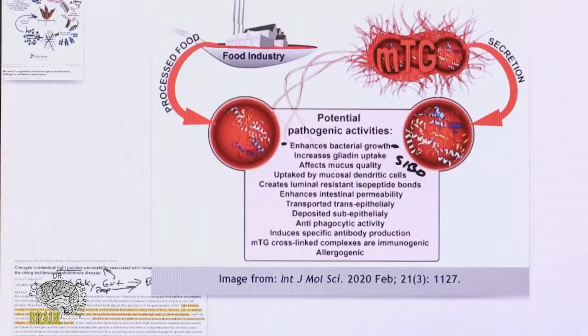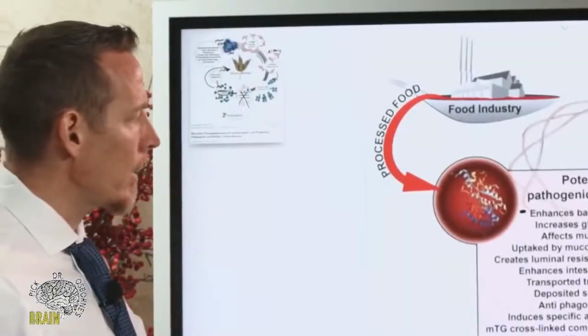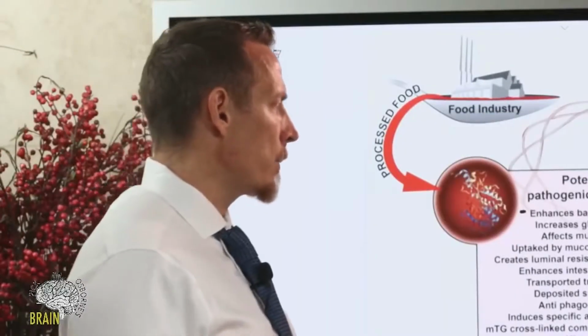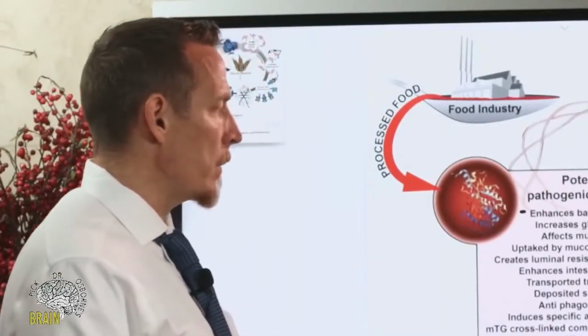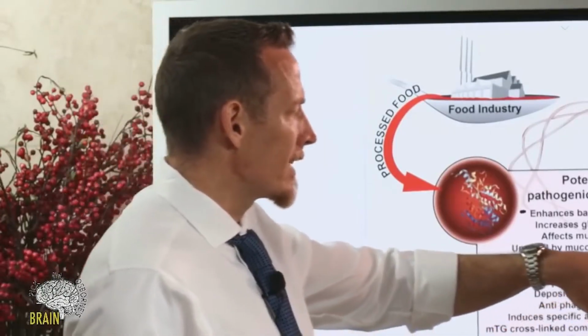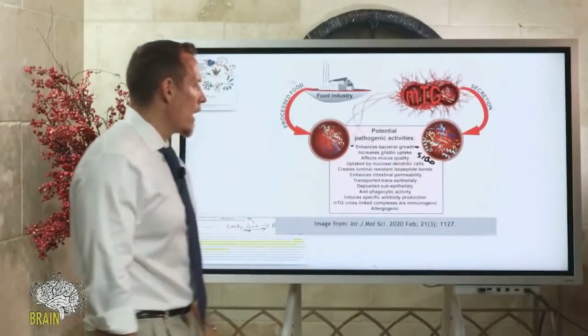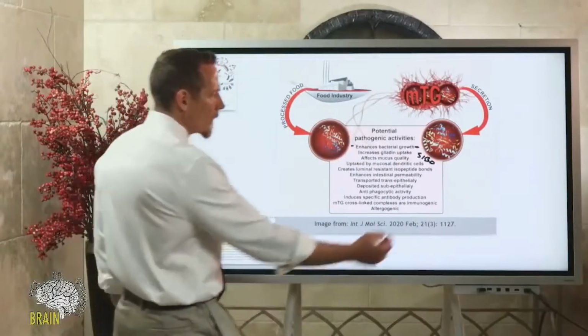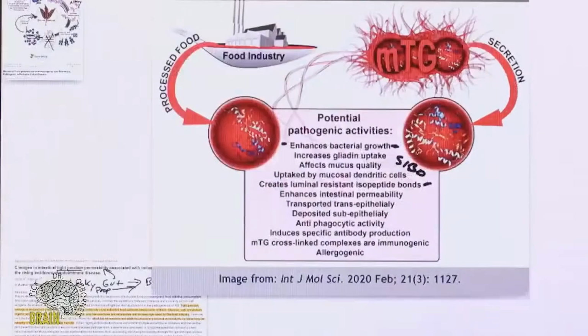We know it affects the mucus quality. That's the lining, the layer that lines the GI tract. It's uptake by mucosal dendritic cells. These are specialized immune cells focused and concentrated in the mucosa of your gut. And when it's uptaken by those, it basically bogs them down and it preoccupies them. It creates luminal resistant isopeptide bonds. So basically, it creates protein bonds that make it harder for you to digest your food, okay?